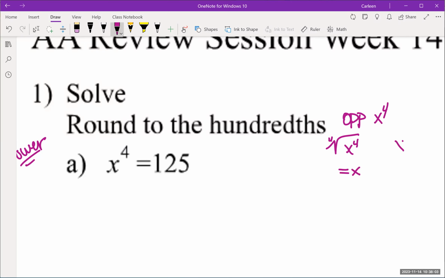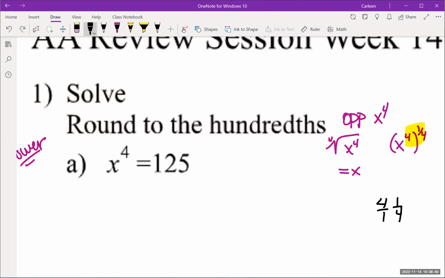But another way to write that is the 1/4 power. So what do I do with these 2 exponents if I have base to the power to the power? They cancel.